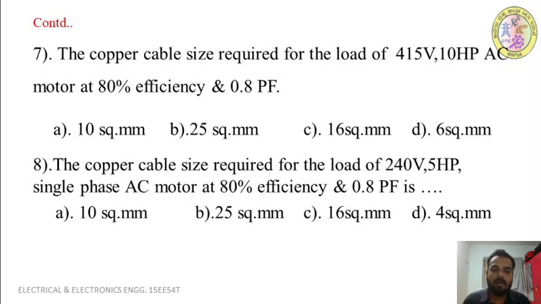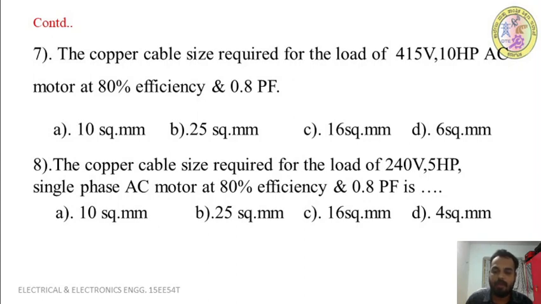The copper cable size required for load of 240 volt 5 HP single phase AC motor at 80% efficiency and 0.8 power factor is. Option A 10 square mm, B 25 square mm, C 16 square mm, D 4 square mm. So here also it is the same. To calculate the size of the cable, first you have to calculate the load current. The load current is HP into 735.5 divided by voltage into efficiency into power factor.